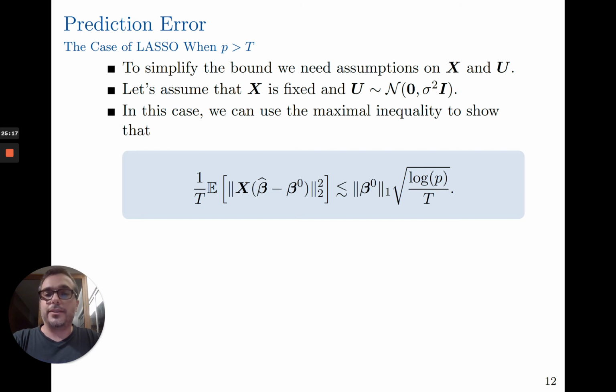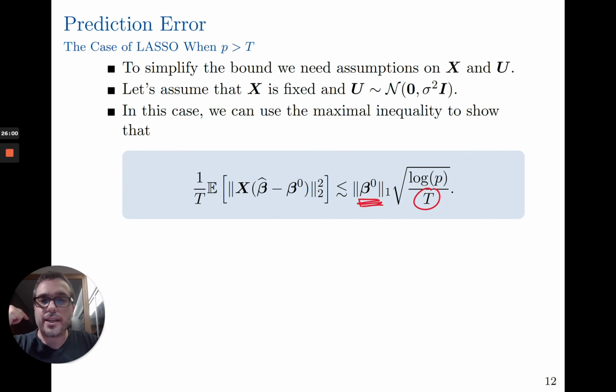Whenever this is the case, we can show that the expected value of the squared L2 norm will be bounded by the sparsity and a term that's the square root of log p over T. And why is this good? The first thing to bear in mind is that, as compared to OLS, we have a square root of T here and not T. So the rate at which it converges to 0 is much slower than in the case of OLS, because we have this square root of T here.